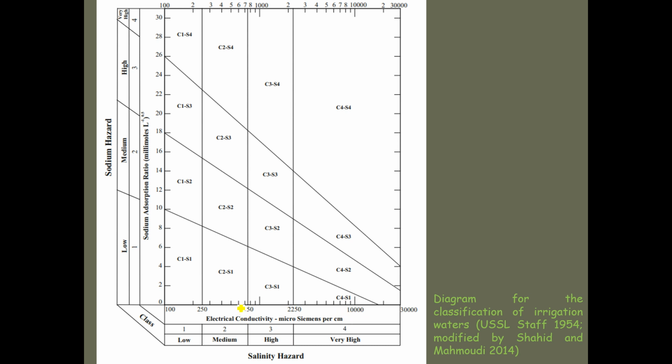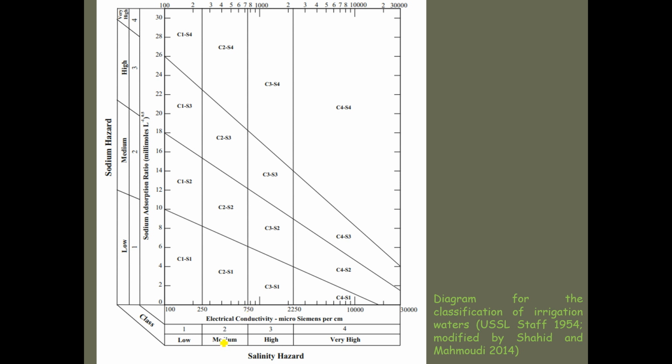If the electrical conductivity lies between 100 and 250, the concentration is low. From 250 to 750, the concentration is medium.